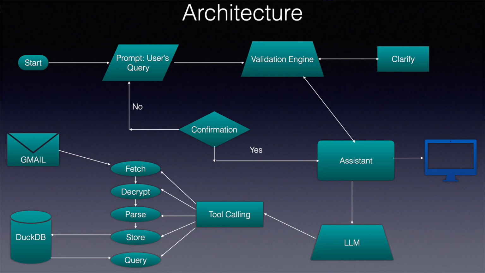When a query first comes, it goes directly to the query database. If there is no result, it goes and fetches the statements from the Gmail account, and again pushes the details to the database. This is how it works.